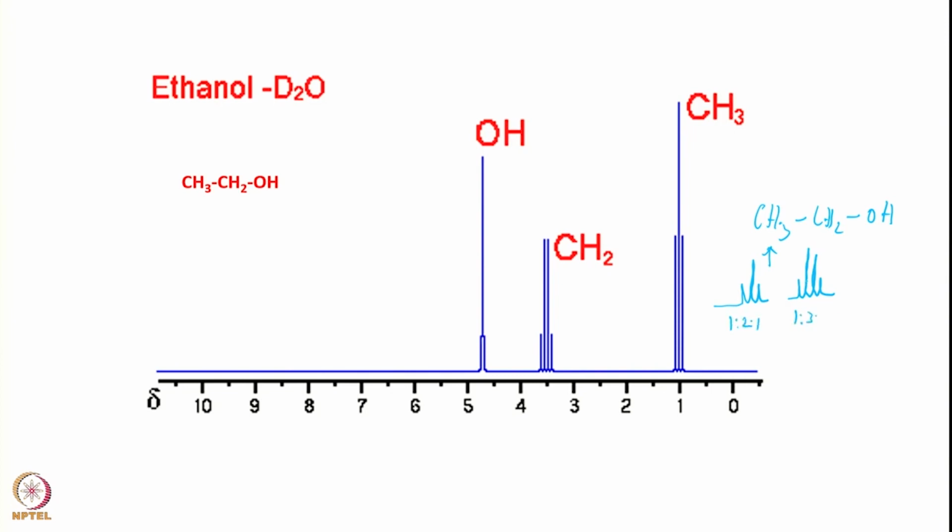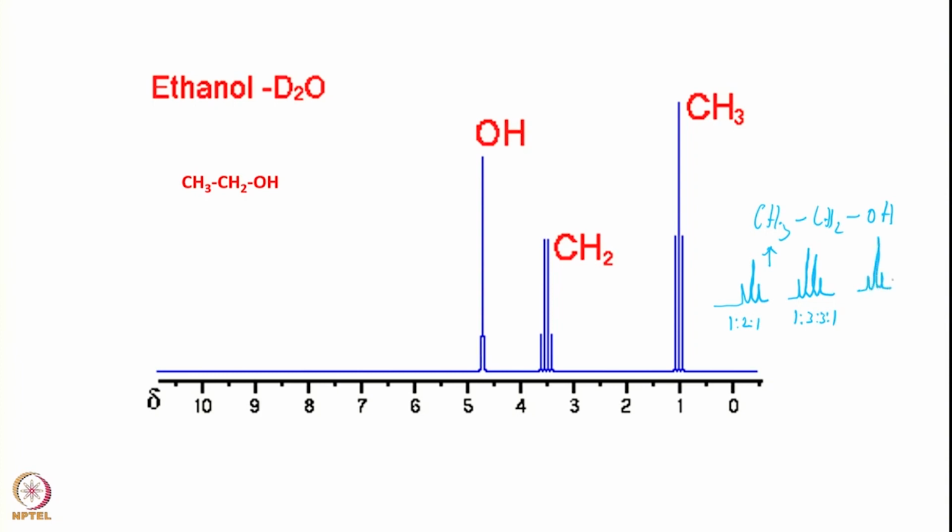This is a 1:3:3:1 intensity pattern, and OH will be a triplet again. When it is present, in principle the CH2 OH coupling also should show up here. In that case it will be a doublet of a quartet, that is how it will appear, and the OH will appear as a triplet if you consider this coupling.